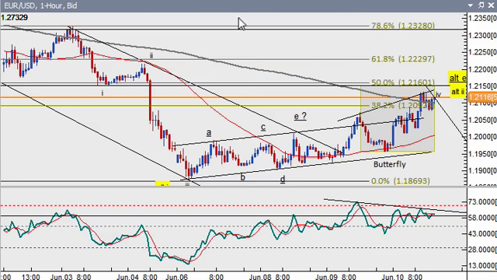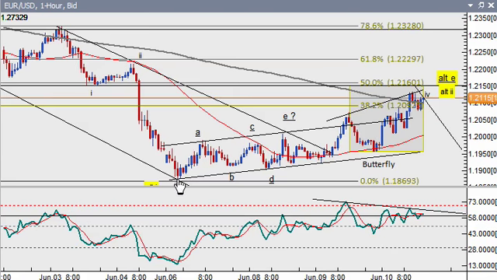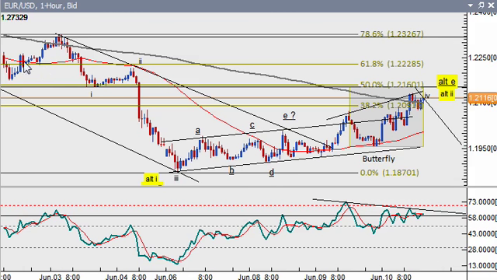Looking at the 1-hour time frame, we see that the market spent the week mainly in this wedge, rising here, broke up above, and we basically have a rally towards 1.2150, which is the previous support. There are several possible counts here. We could have had this E here, and then 1, 2, 3, 4, and then 5.